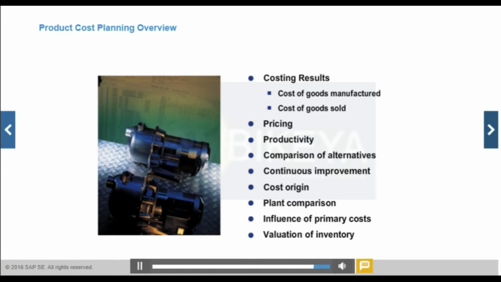In the SAP ERP application, materials can be valuated with a standard price, which can be set by a standard cost estimate.